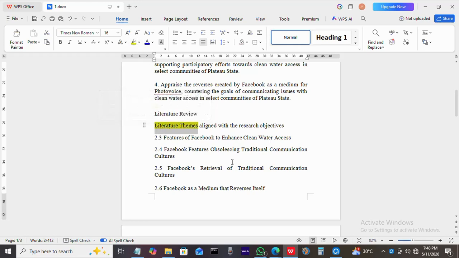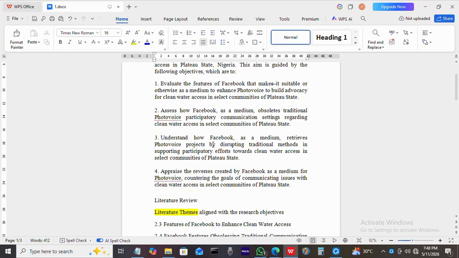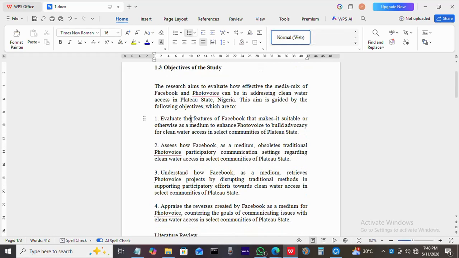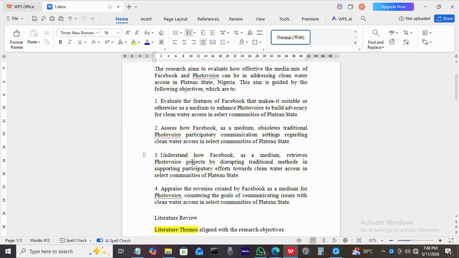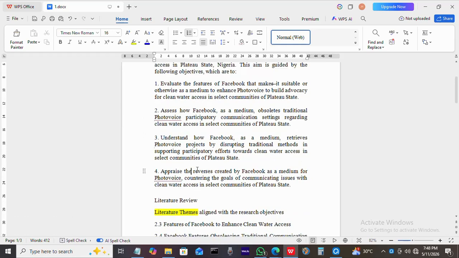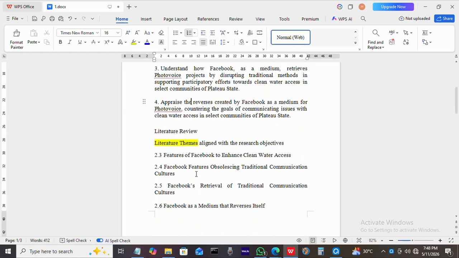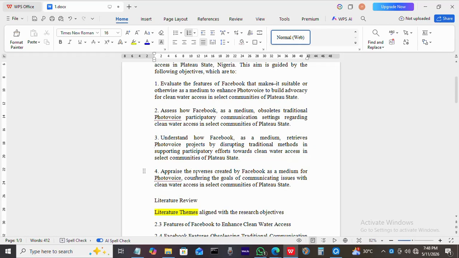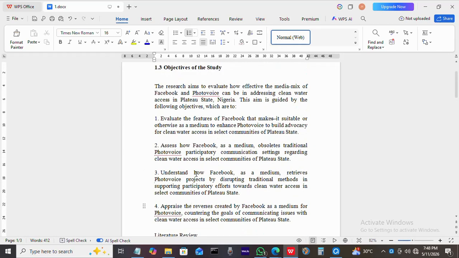The literature themes should be aligned with the research objectives. Whatever you have as research objective one, two, three, four, you have to extract literature themes from these objectives. You cannot have literature themes outside the objectives.